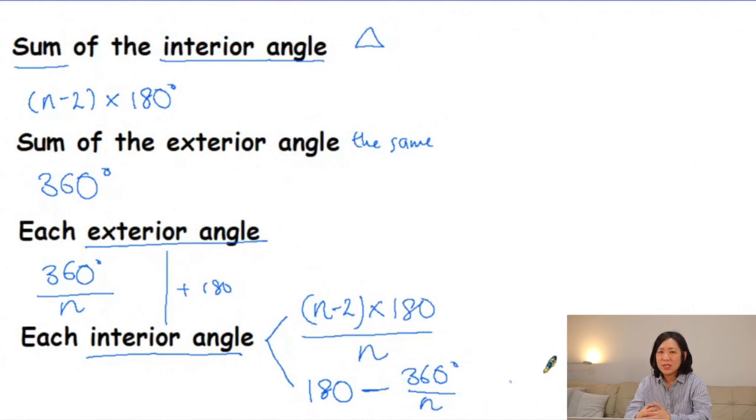Each interior angle of a regular polygon is (n minus 2) times 180 divided by n, because you've got n equal angles. The sum of the exterior angles is always 360, regardless of the number of sides. That's why each exterior angle of a regular polygon is 360 divided by n.